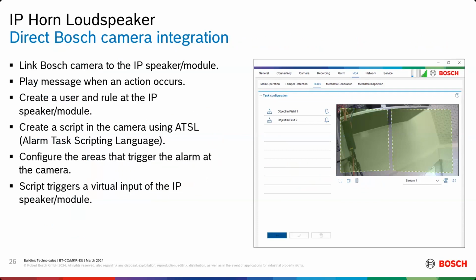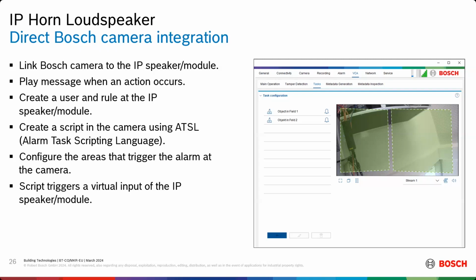You may want to link a Bosch camera directly to the IP speaker or module so that it plays a message when an action occurs. To do this, you need to create a special API profile and a rule at the IP speaker or module.